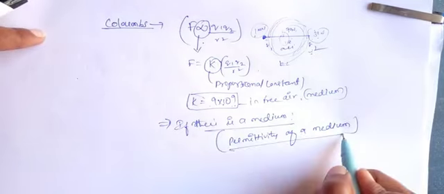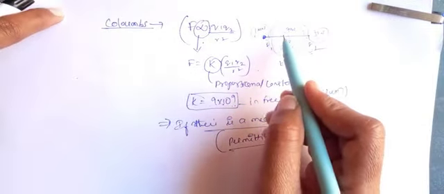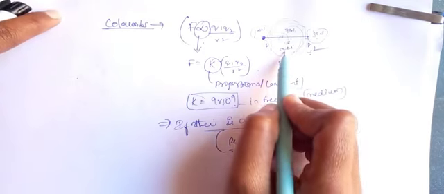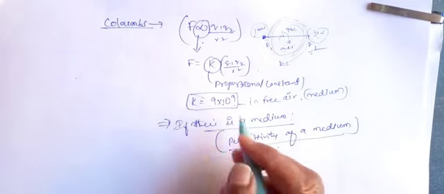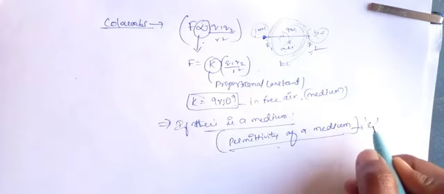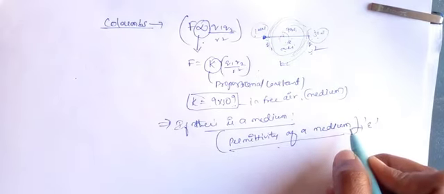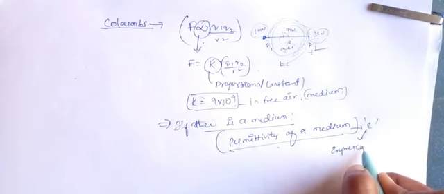The permittivity of the medium plays a role when there is no air medium. Then he gave the relation. The permittivity of the medium is denoted by epsilon, and it is expressed as a number only.